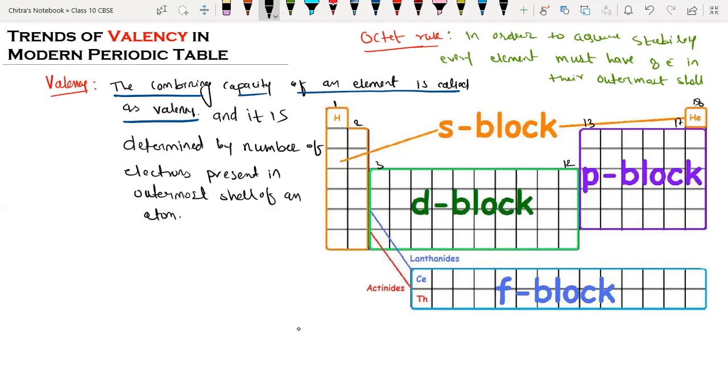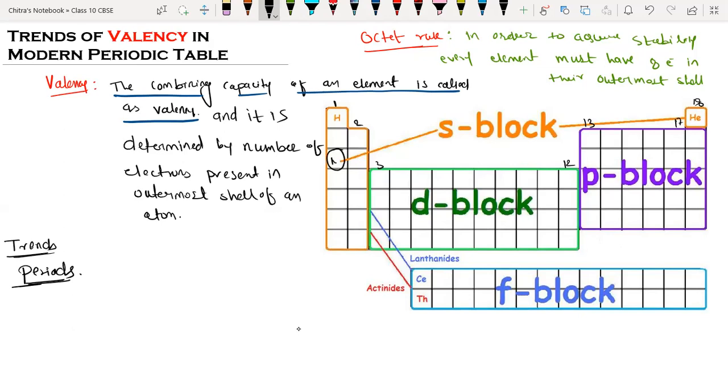Now we are going to understand the trends. The first trend we will go through is by periods. First we will understand the trend of valency in a period.